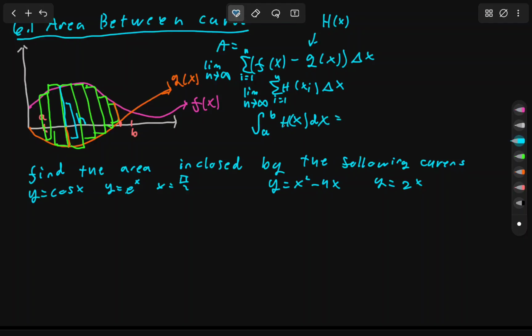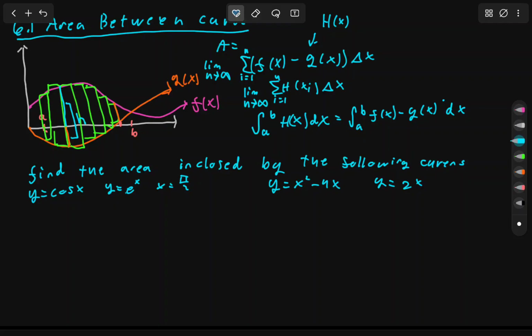Now what we're going to do is sub in our original h of x, and we'll get this expression: the integral from a to b of f of x minus g of x times dx. Alright, there we go.